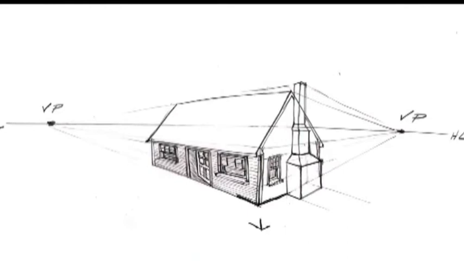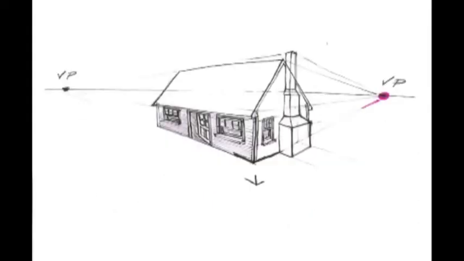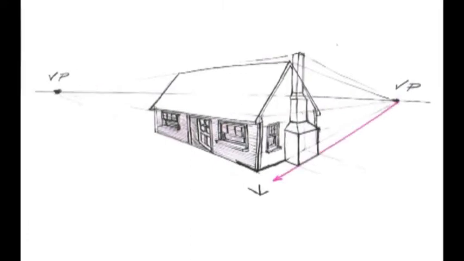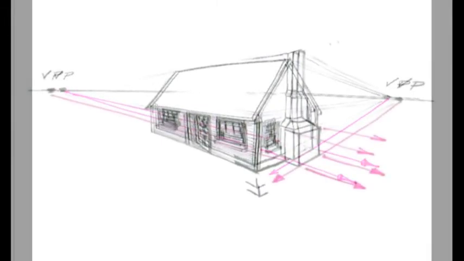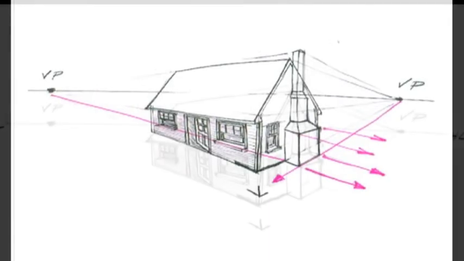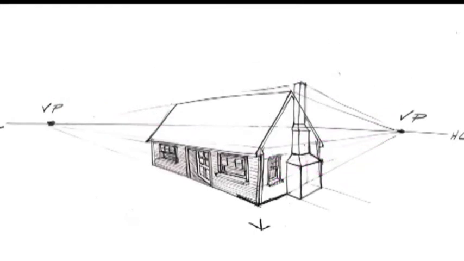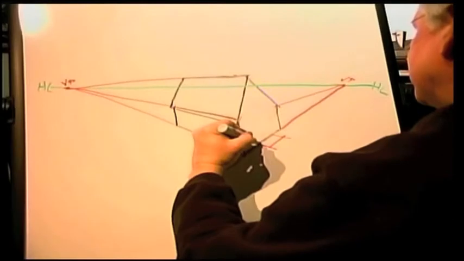Now, depending on how large we're going to make this, I'm going to stick to something you might see in Williamsburg, which are kind of exaggerated chimneys. So I'm going to come off the end here, and I'm going to come out with a guideline here. And I'm going to bring it out from this other vanishing point this way. So that'll give me the base for where my chimney is coming up.